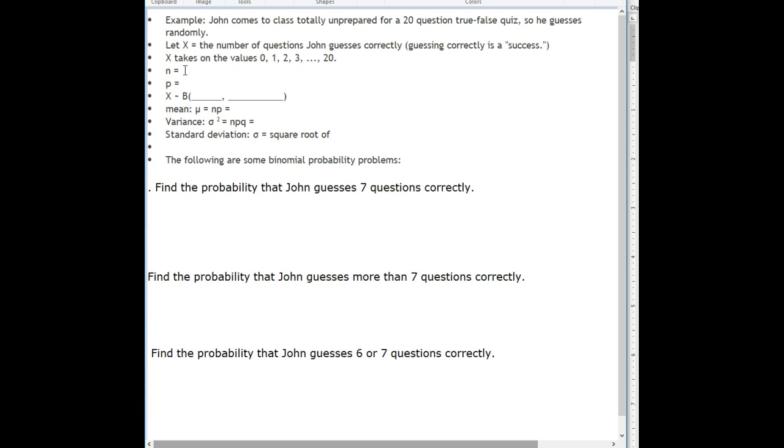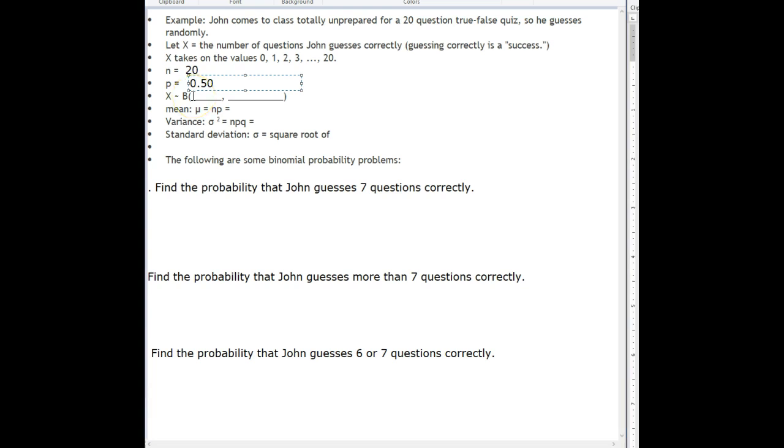So N is the number of trials, which in this case is 20. P is the probability of success. Because this is a true-false quiz, there's a 50% chance that he's going to guess correctly. So let's put 0.50, 50% chance. So 1 out of 2 for a true-false.